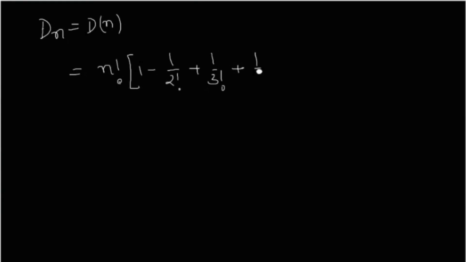You can also write it as Dn equals n factorial times (1 minus 1 by 1 factorial plus 1 by 2 factorial minus 1 by 3 factorial plus 1 by 4 factorial, and it will go till minus 1 to the power n by n factorial).